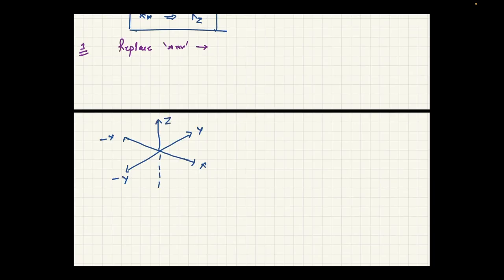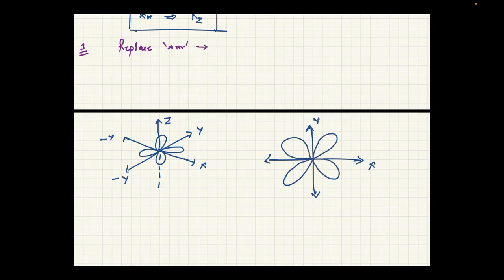In two dimensions, if this is x and this is y, then dxy will be like this.